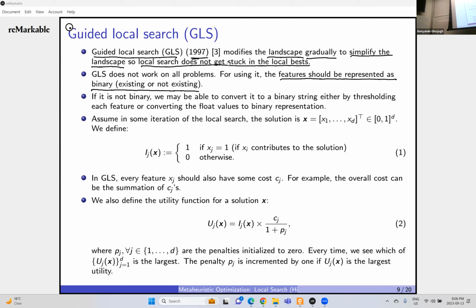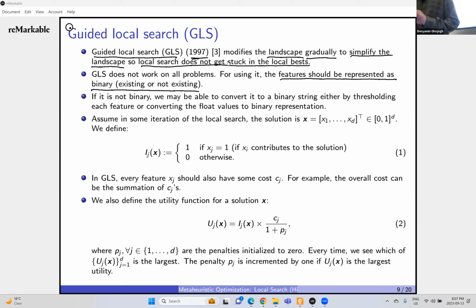Maybe another feature might be something you define for your problem. You understand what I'm saying? The features are binary here. I'll try my best that in your assignments you see some examples of using meta-heuristic optimization on problems.